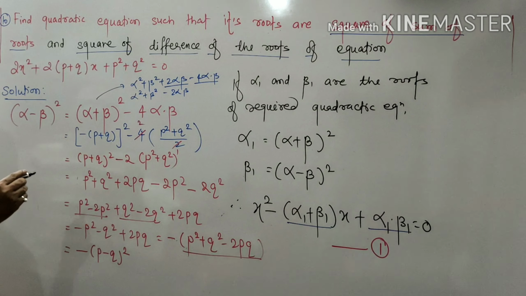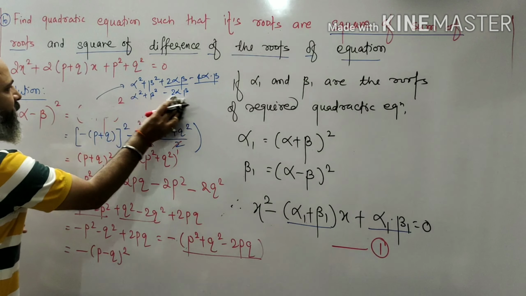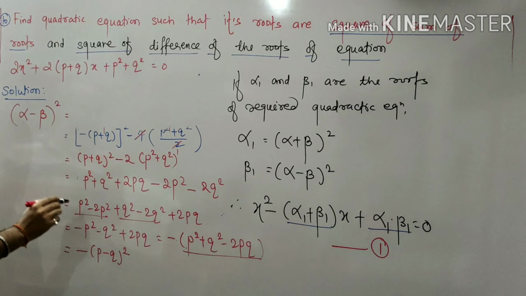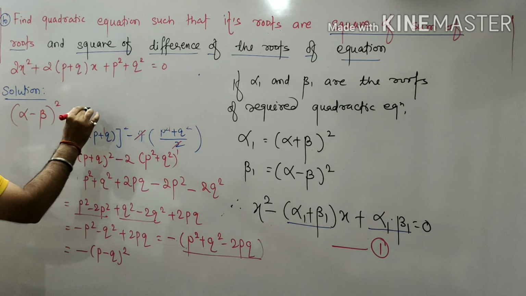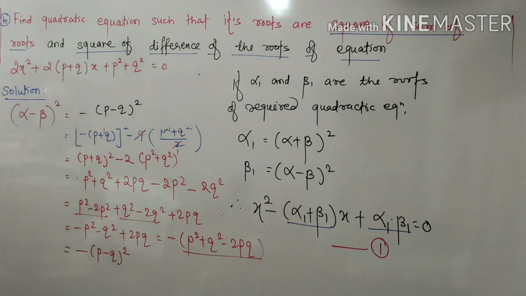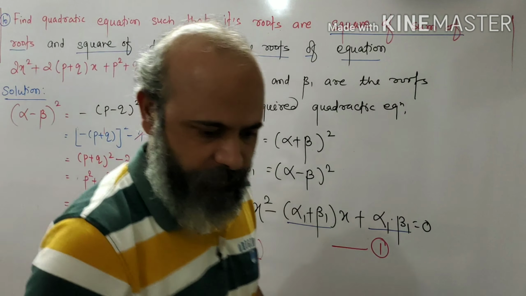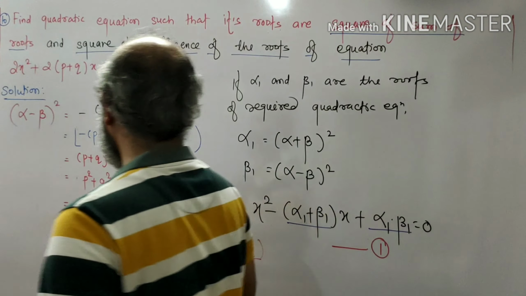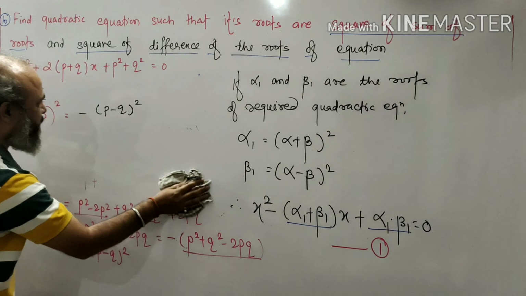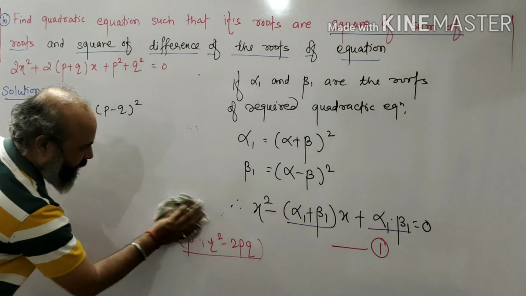And what is, student, alpha plus beta the whole square? We have calculated alpha plus beta the whole square. So alpha minus beta the whole square is what, student? I will write here: alpha minus beta the whole square is equal to minus in bracket p minus q the whole square.